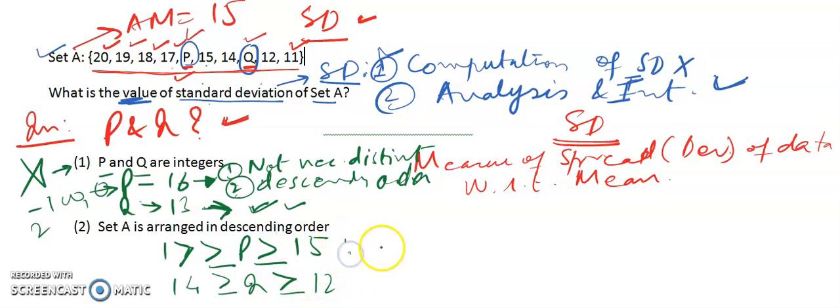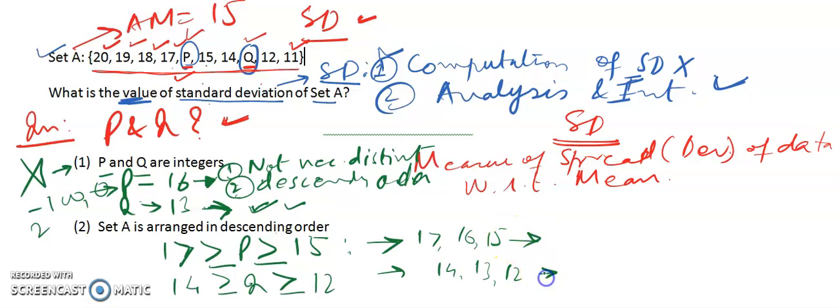But again, this can have multiple values: 17, 16 and 15 here, 14, 13 and 12 there. Mind it, not only these values, there can be decimal values also, 16.5, 15.23.